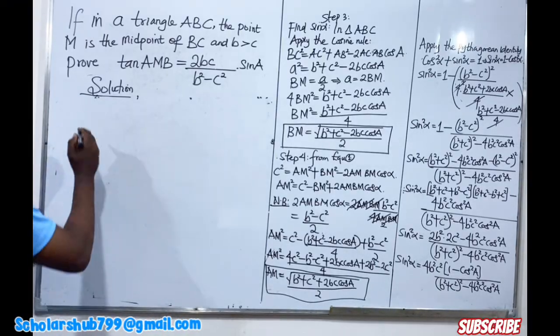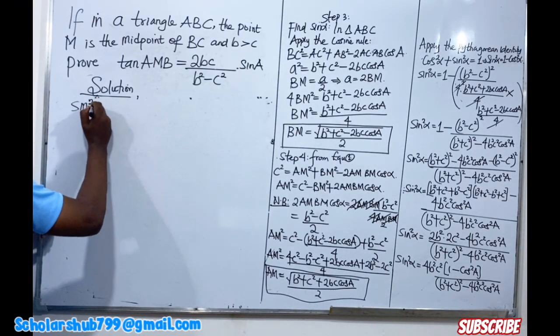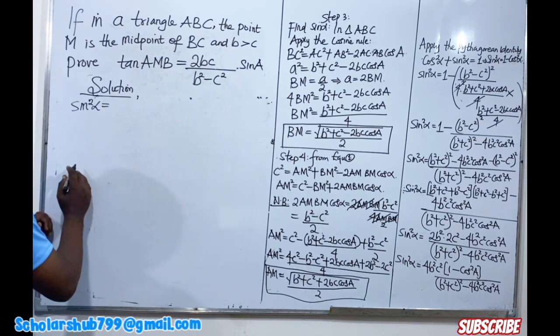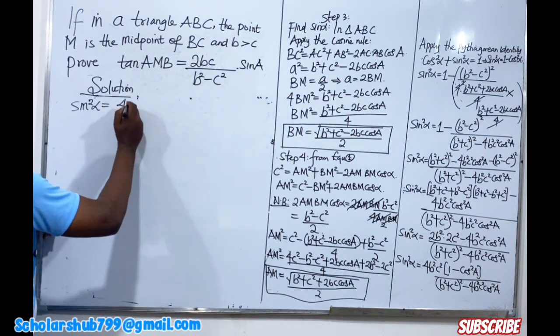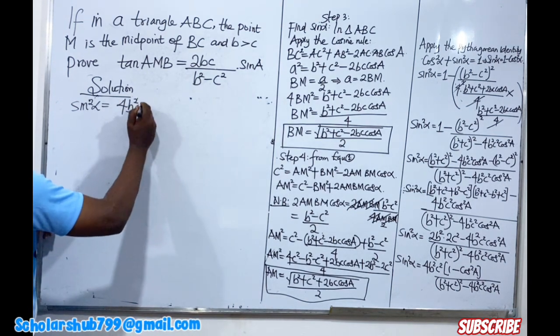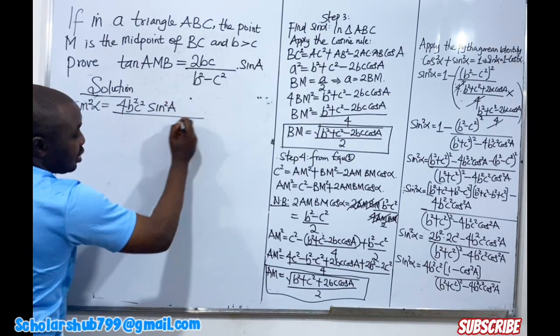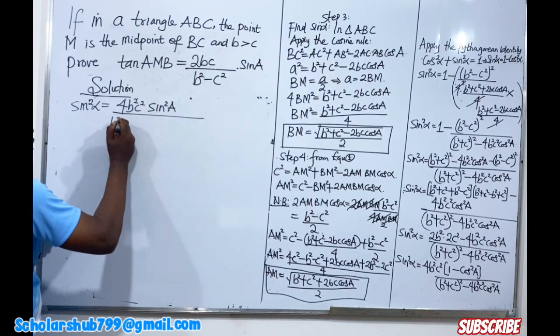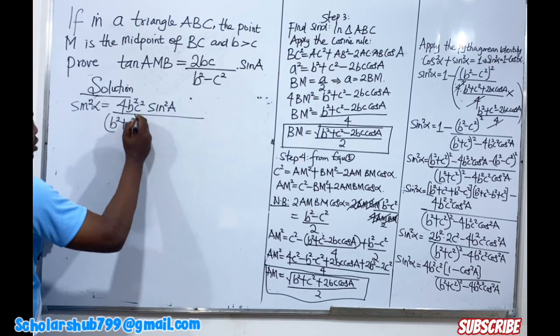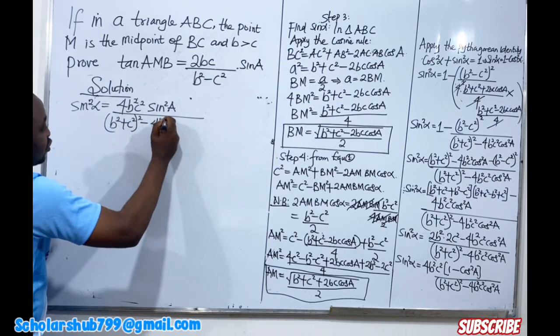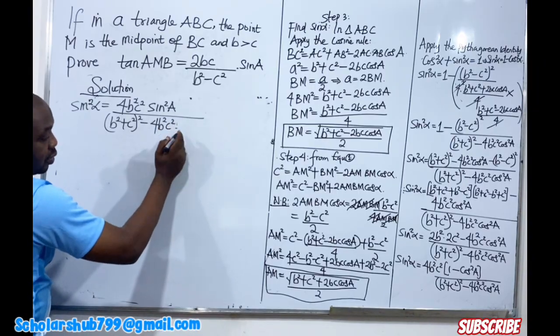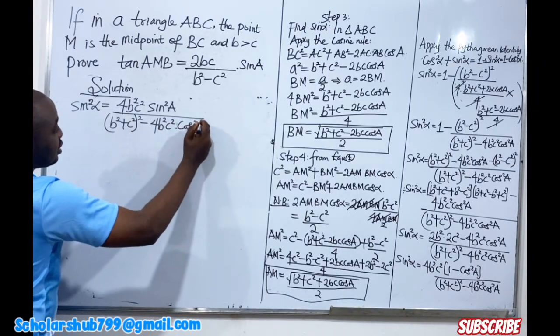So sine squared alpha will be equal to 4b squared c squared multiplied by sine squared a divided by the square of b squared plus c squared minus 4b squared c squared cos squared a.